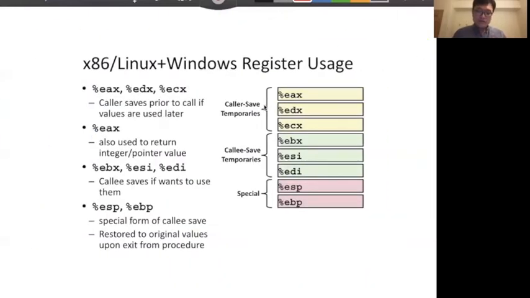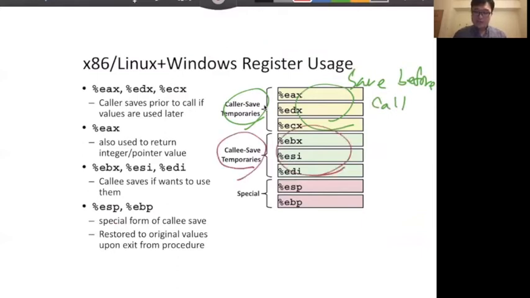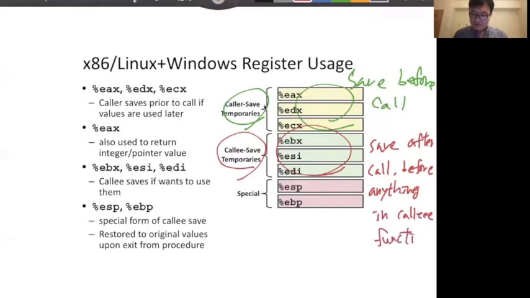We have three registers belonging to the caller set. So before the caller function calls another callee function, the caller needs to save them: save before call. Then another three inside this function, callee save: save before anything in the callee function. So before the callee function does anything, you need to save them.